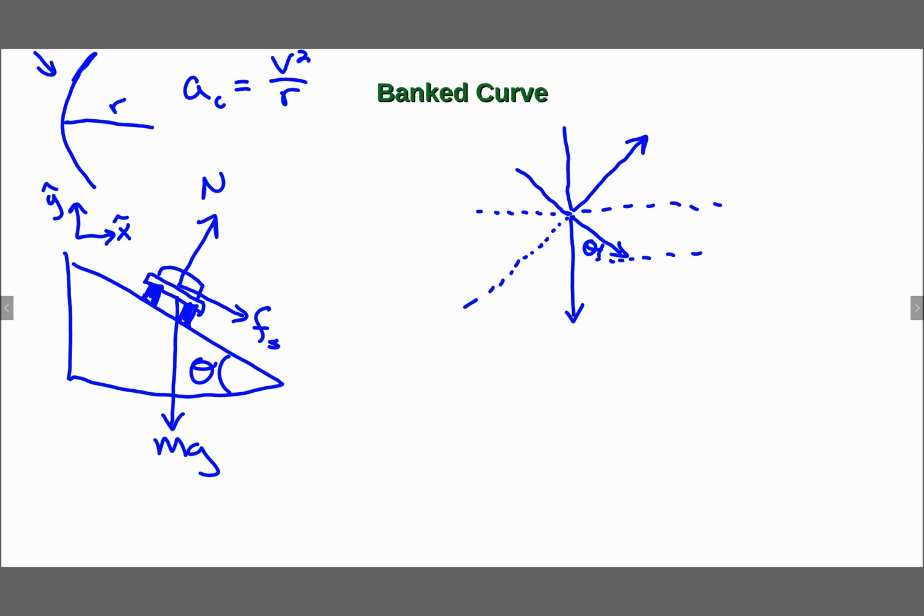So then what do I have here? Let me make this a little bigger just to give myself a little more room. So the force of static friction points in this direction, and then if I add in a horizontal line, this is theta. Okay? So this is 90, and we'll call this angle phi.